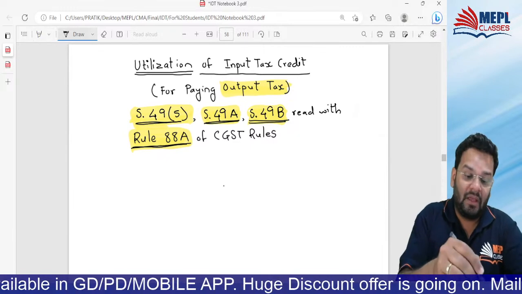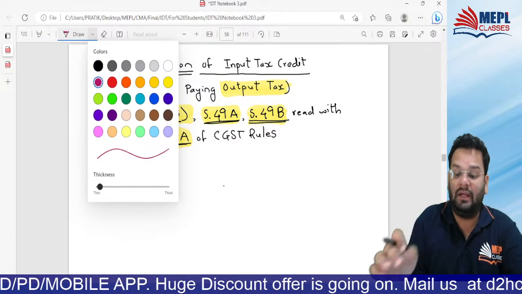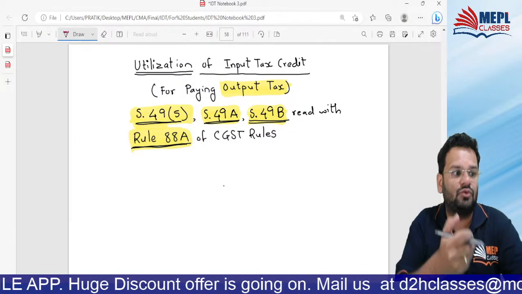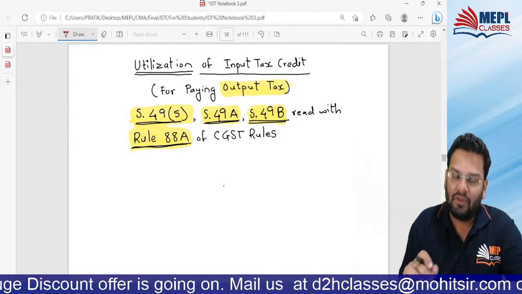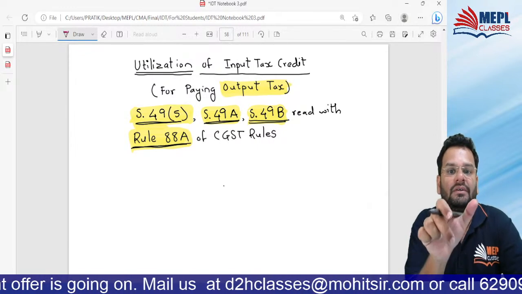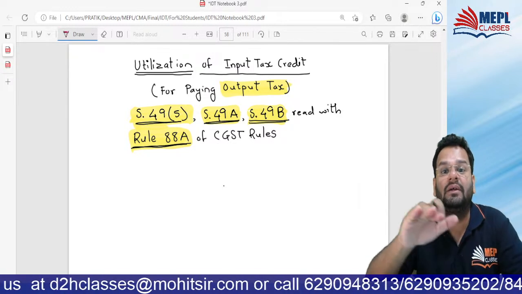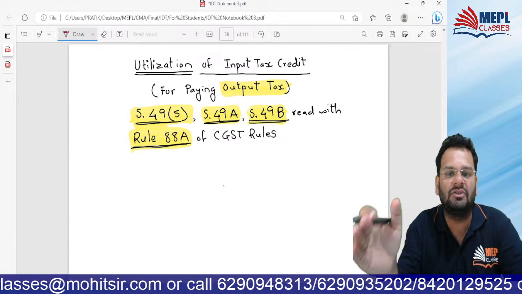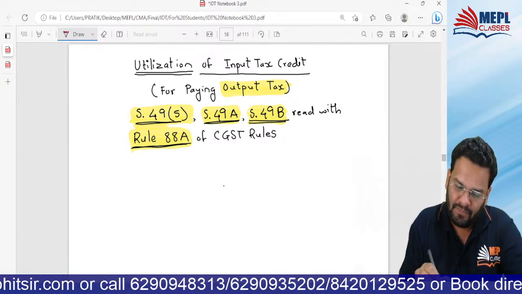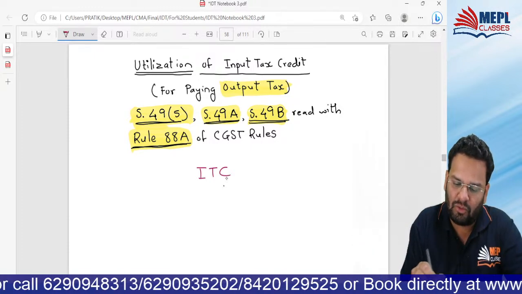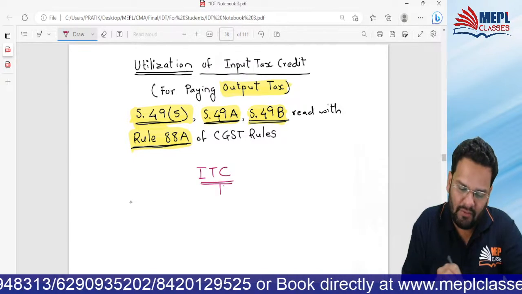If you are doing intrastate purchase, that is within the state purchase, you must be having balance of CGST and SGST. If you are doing interstate purchase, you have balance of IGST. In short, when I talk about ITC, you can have the following balances.